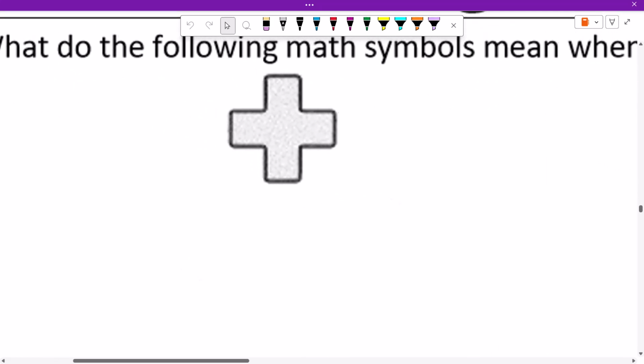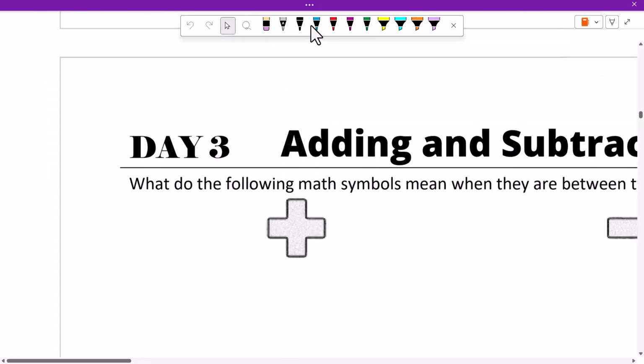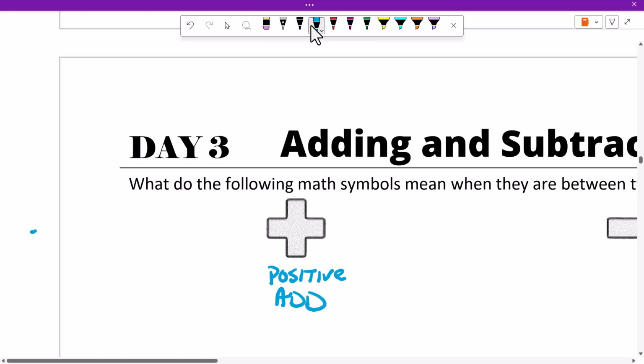if we see this symbol right here, what does it mean? Positive. It also means add, I heard somebody say. What else does it mean? What other words have we used for that symbol? Plus.